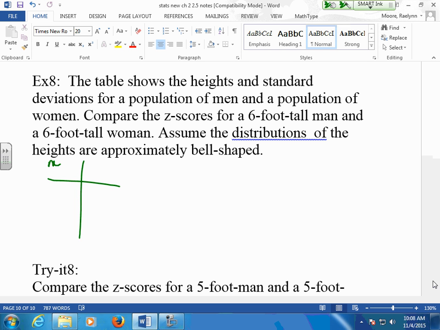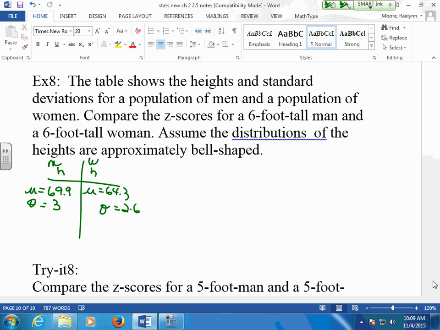So you have the men's heights and the women's heights, and of course, yes, they're going to be different. And I would even expect the men's standard deviation to be a little bit greater than the women's standard deviation, right?